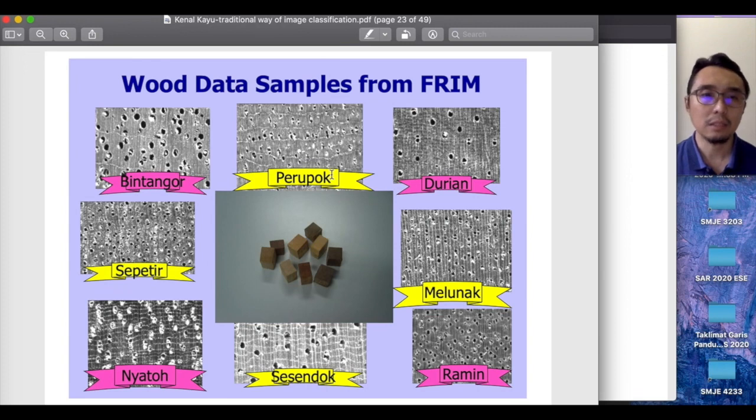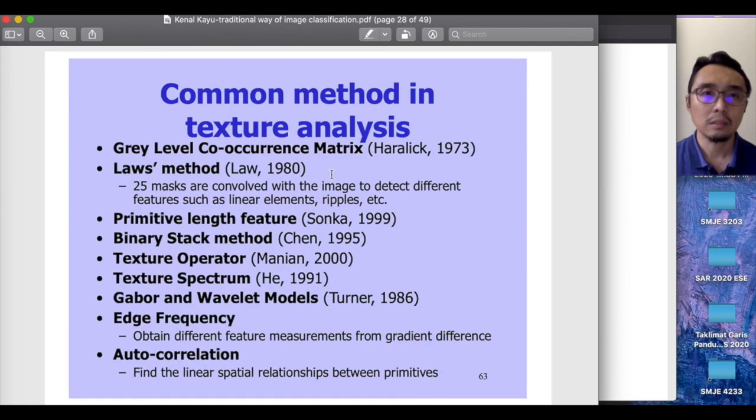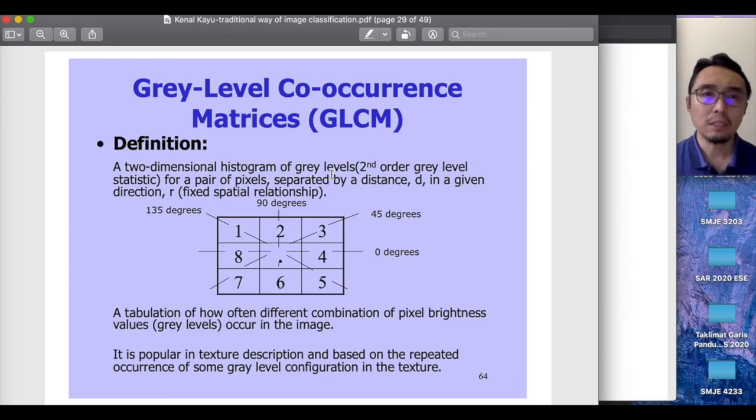You can see different types of wood will result in different images. The idea is that the cross-sectional area of the wood would have different texture, and it's observable from the image.